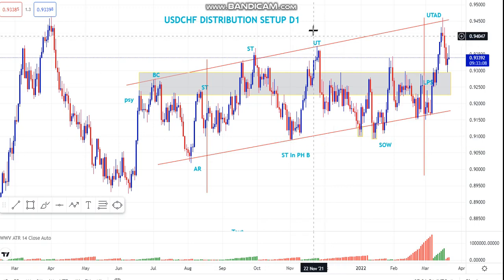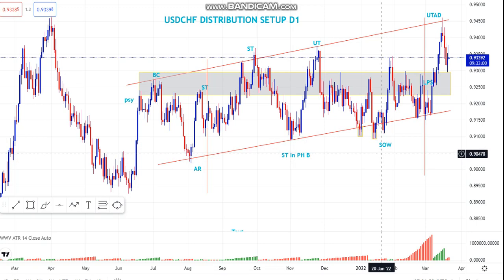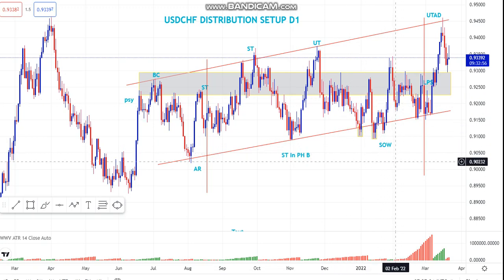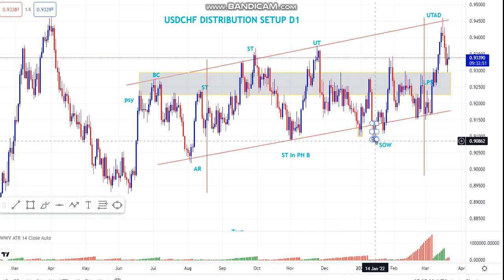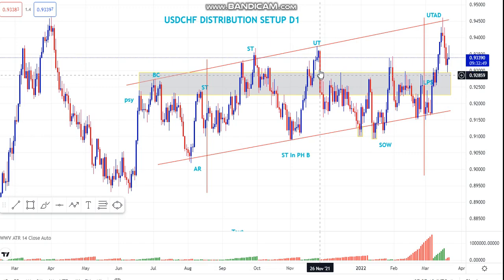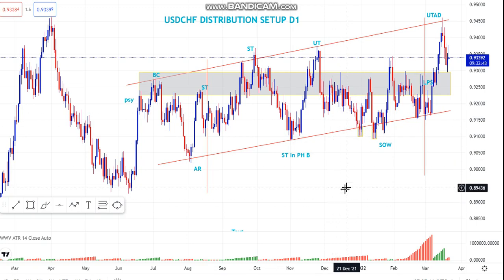Then we have here an upthrust, and this is the sign of weakness. The market breaks the trend line and closes below with a very slow pulse type, and very weak.